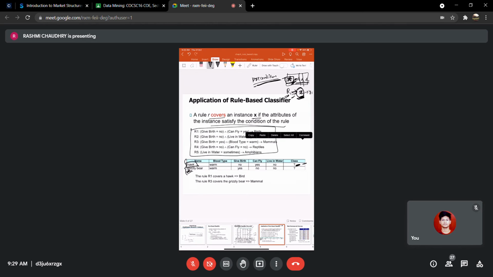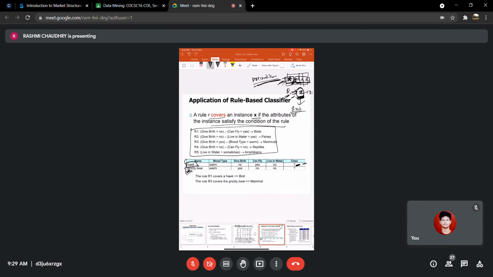If all these three properties match the precondition x, then I will say that this particular rule covers this record, and this rule has been fired.